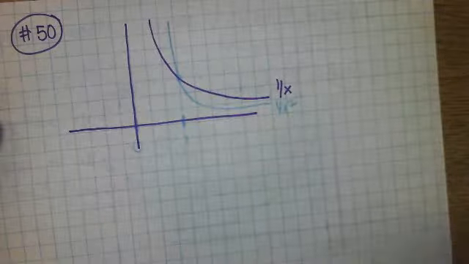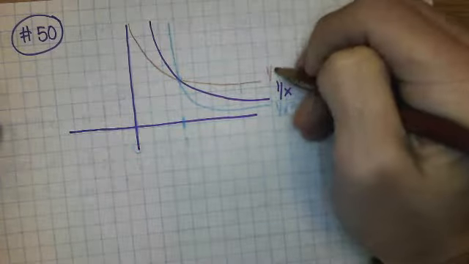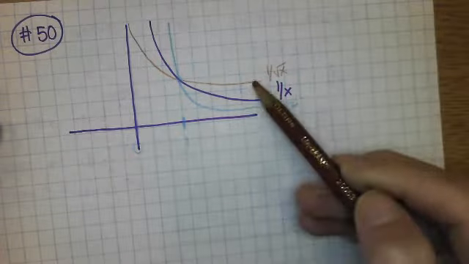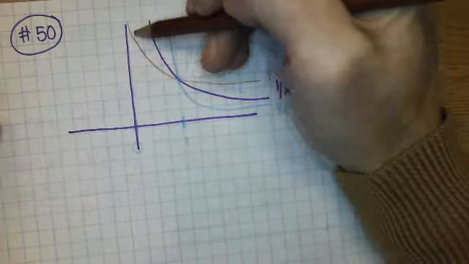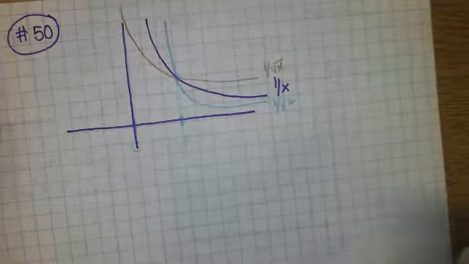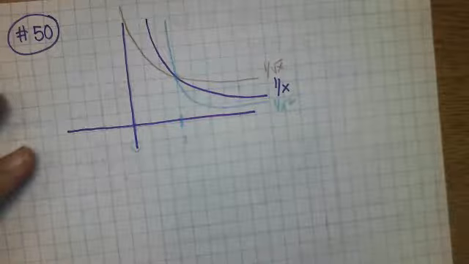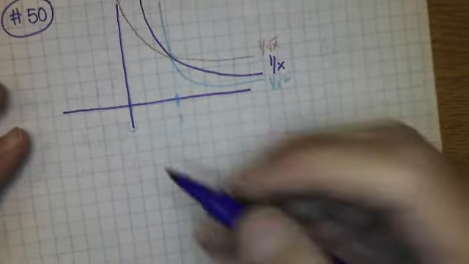Whereas if you looked at the curve 1 over square root of x, it's getting further away from the x-axis, and it is getting closer to the y-axis on this end. So it pretty much is the reverse of what was happening before.